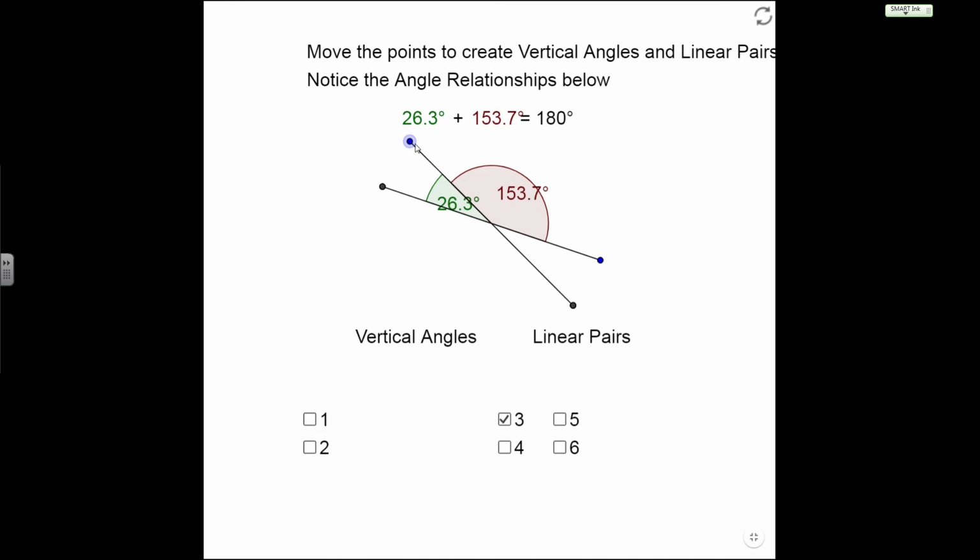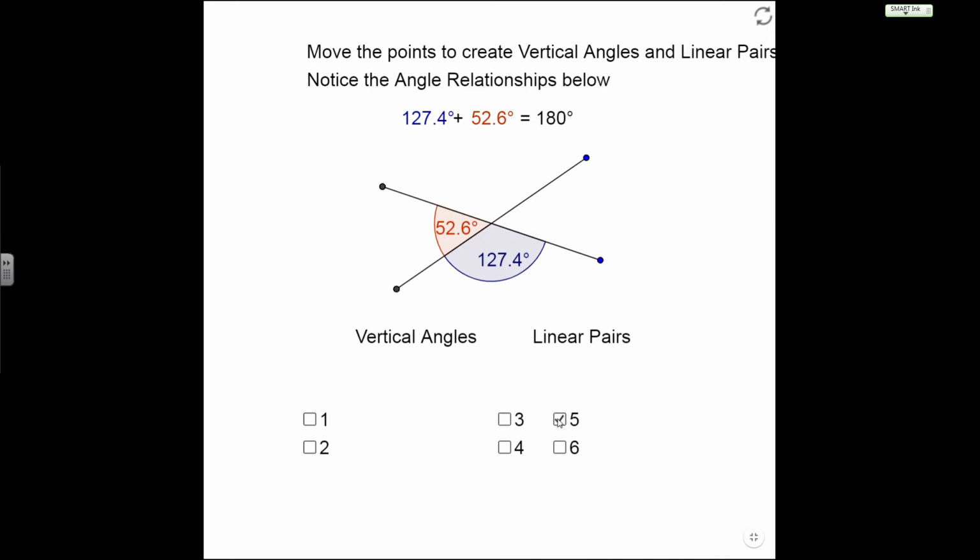This number's not changing. They add to 180. And that doesn't matter where they really are. See that? These guys are going to add to 180, right? So if I move this down, this is almost 180 right here. You see the blue angle? And now this red angle's tiny, but together they're 180.